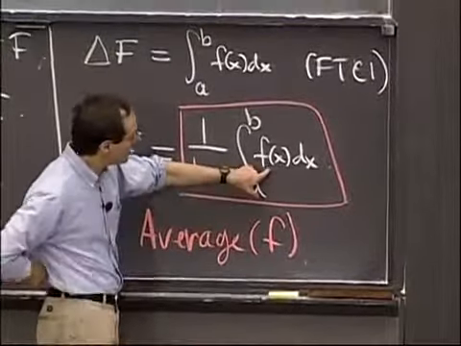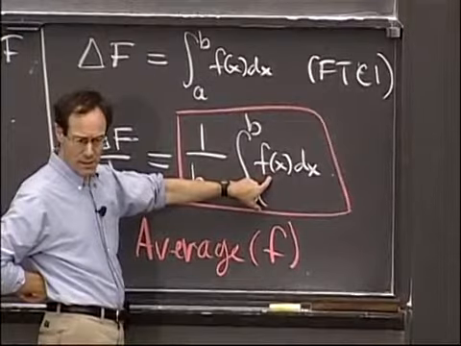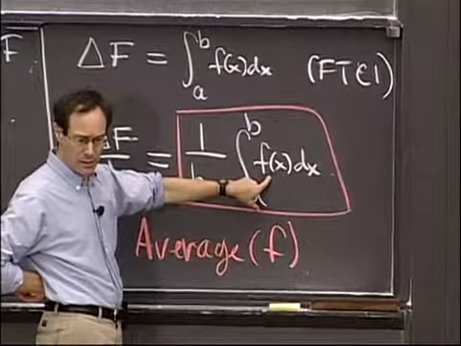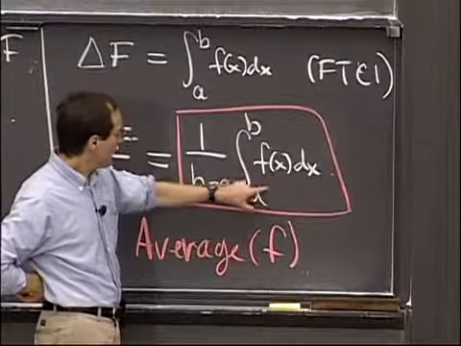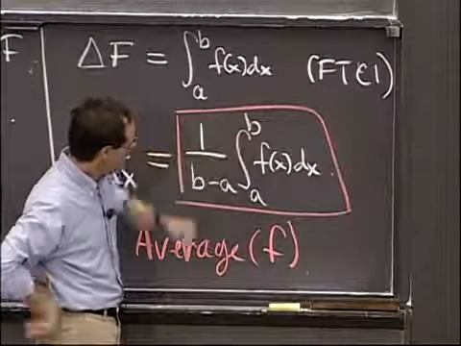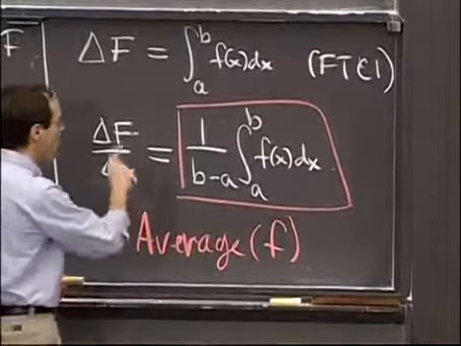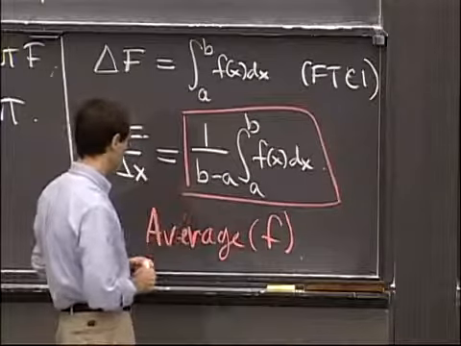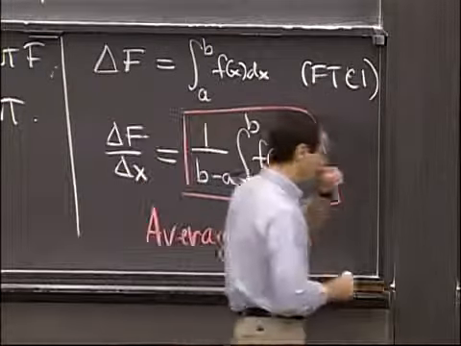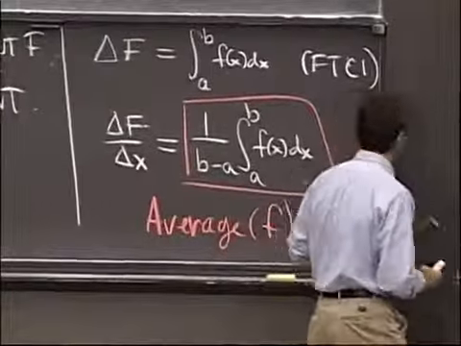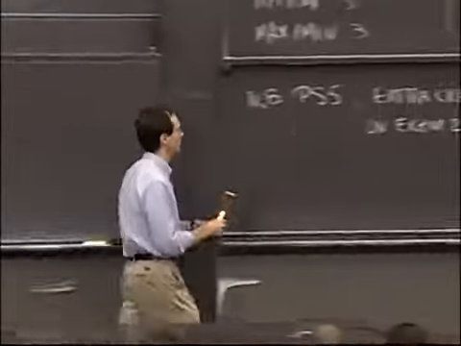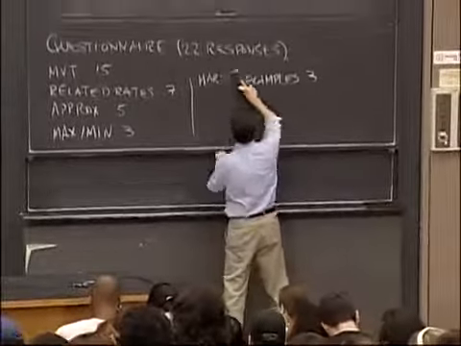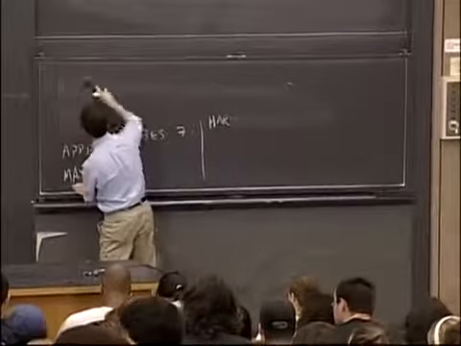If, for example, little f were a constant, then this integral would be, so the question is, why is this the average? And I'll take a little second to explain that, but I think I'll explain it over here, because I'm going to erase it.